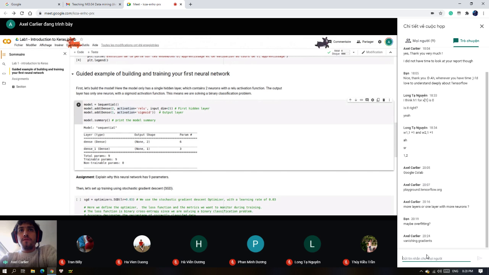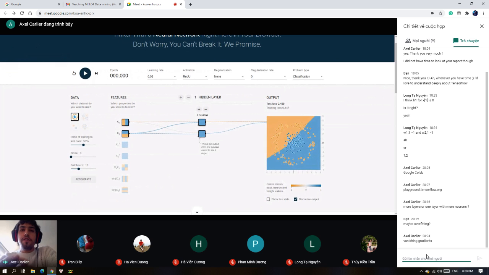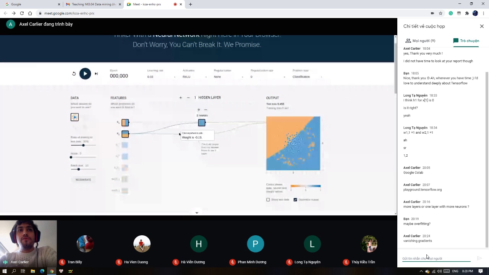My activation for the hidden layer is ReLU. My activation for the last layer is sigmoid because I'm doing classification. So this is exactly equivalent to this: input dimension of 2, first layer of 2 neurons, and second layer of 1 neuron.